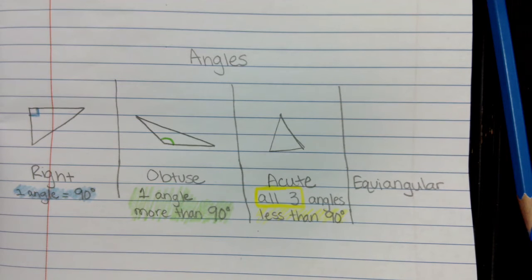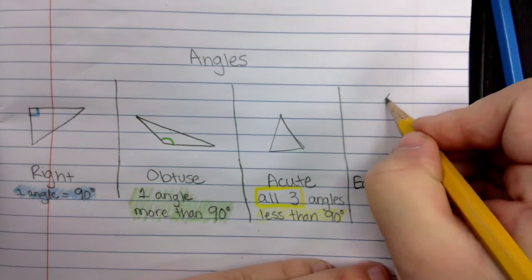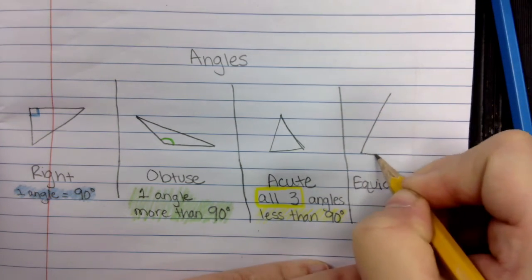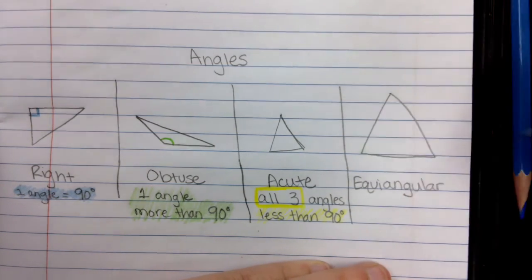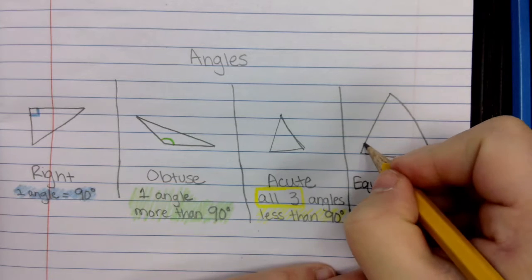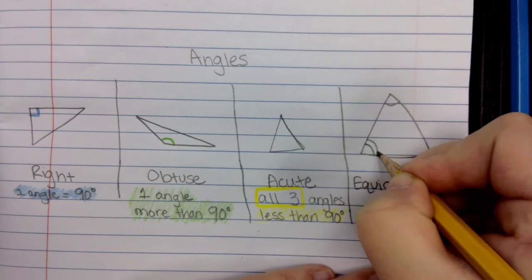An equiangular triangle is where all the angles are equal to each other. And we can show that by using our angle marks here. So we can do one, or we could do two lines there, two arcs. But all these angles are the same.